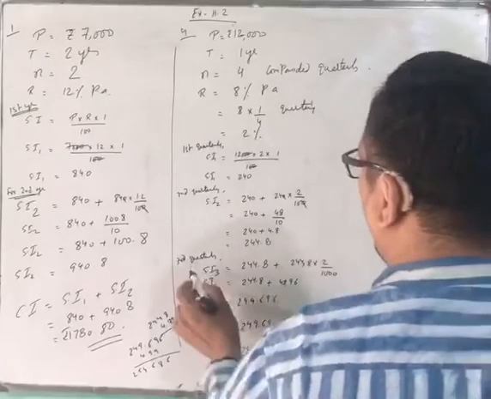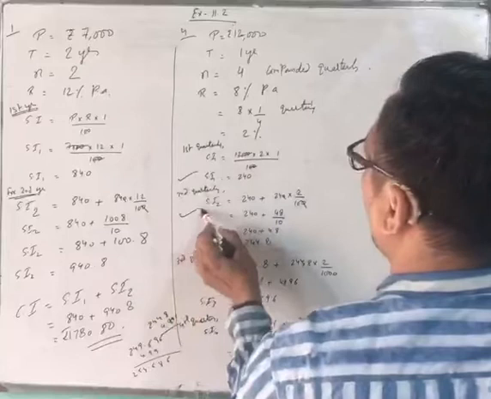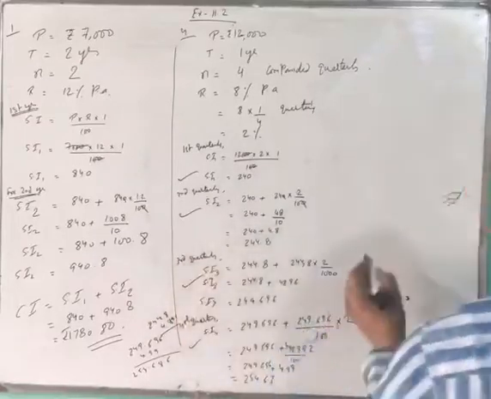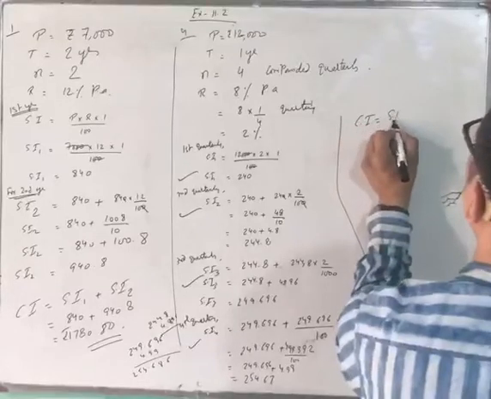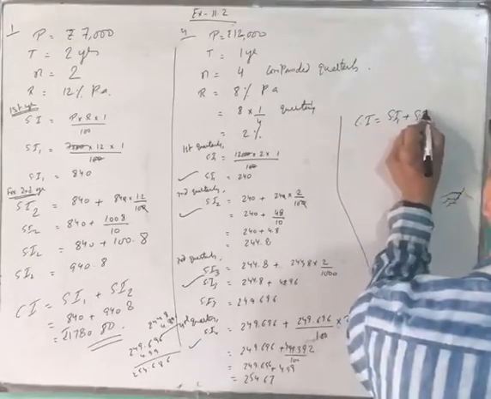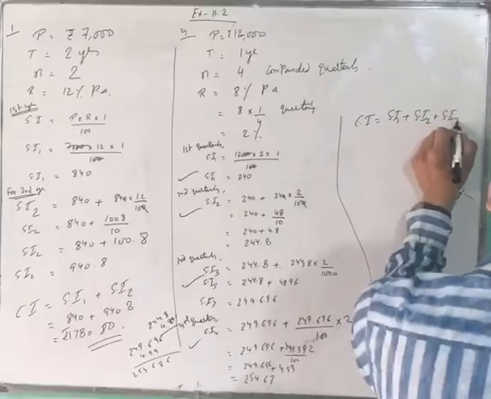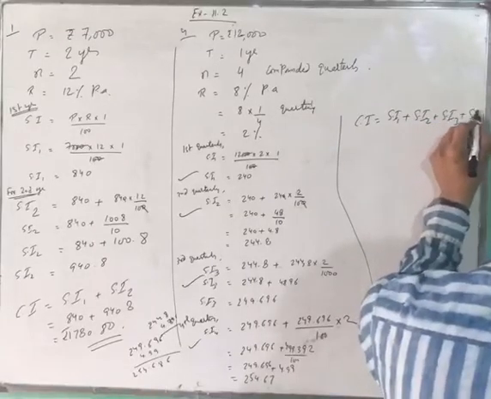Now you have to find out how many times? 1, 2, 3 and 4. So when you find out the compound interest, it means the simple interest first, second, third and fourth.